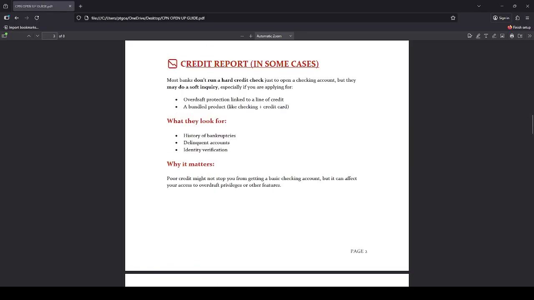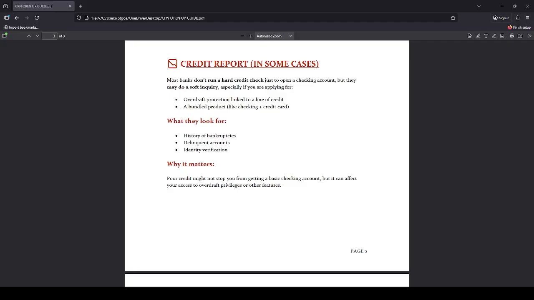Now, credit report. This is a very slept-on one, or not slept on, but very, very significant. You need to make sure that you have a credit report that is tri-merged with all three bureaus. You do not need to have a credit score, but having a credit score will probably help your case, obviously.